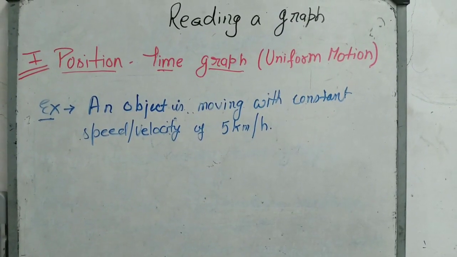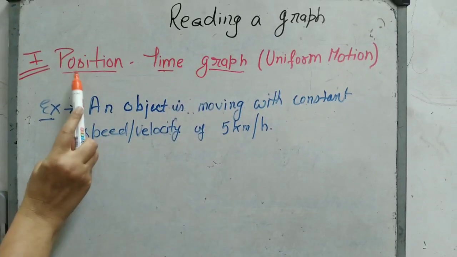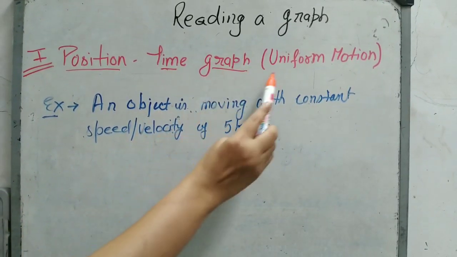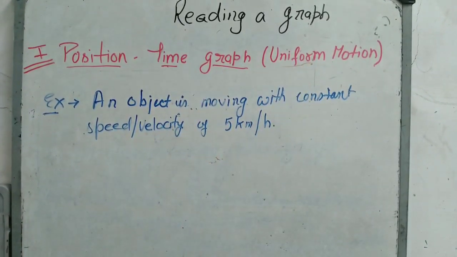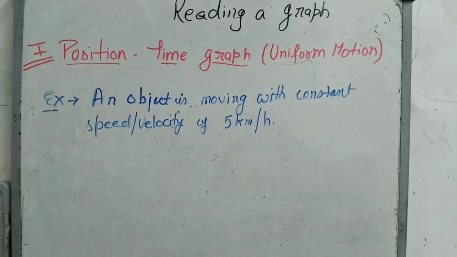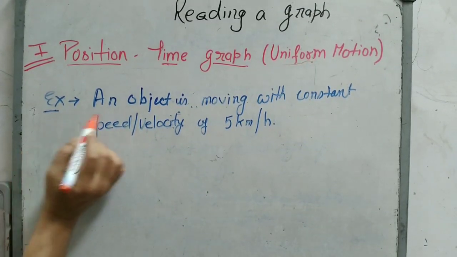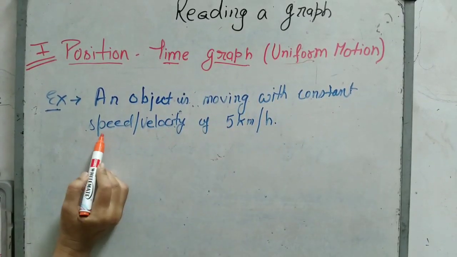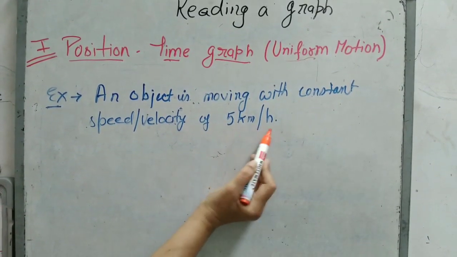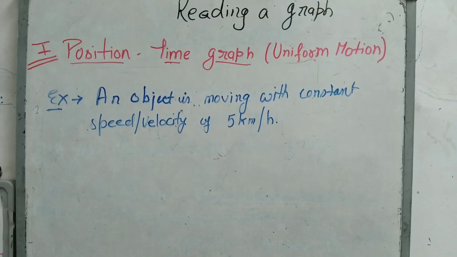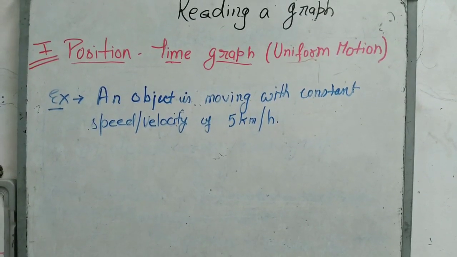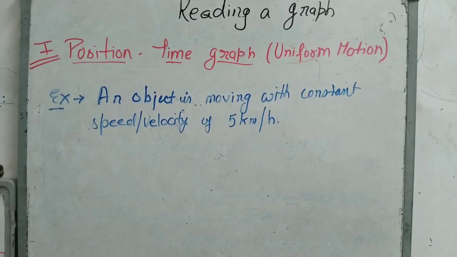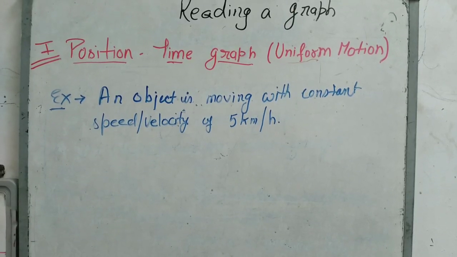Now student, here we show the position time graph under the condition of uniform motion. We have taken an example. An object is moving with a constant speed or velocity of 5 km per hour. Now, as we can see, the object has a constant velocity.